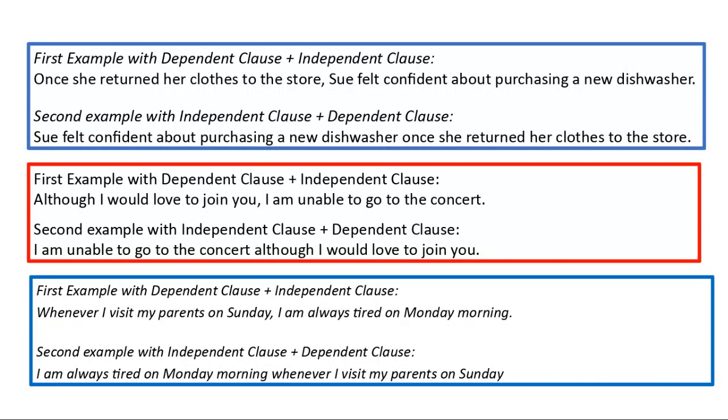Tell me what you notice about how each one is punctuated. Do you see a difference between the top example and the bottom example in all of these three cases?